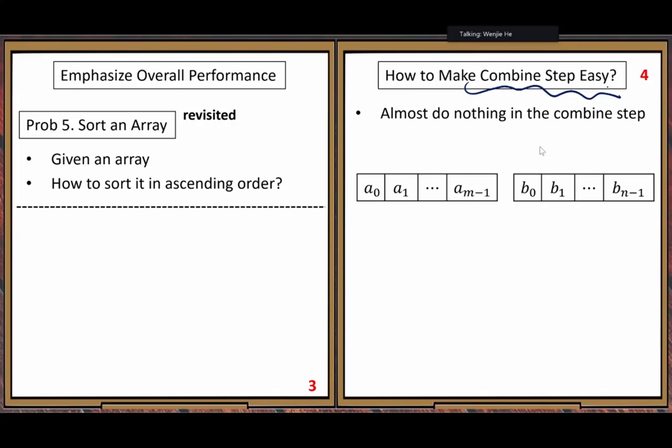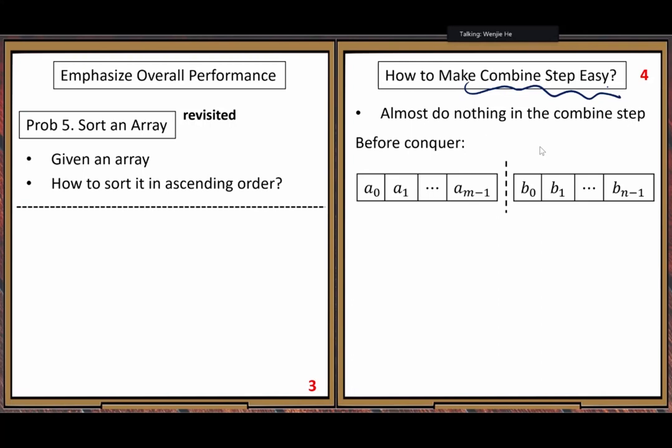Now we look at the combine step. What kind of special property do we need, so that after we put them together, the whole array is sorted? That's the property we want to discover.